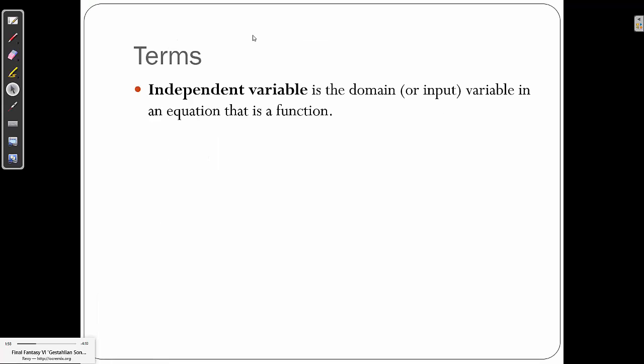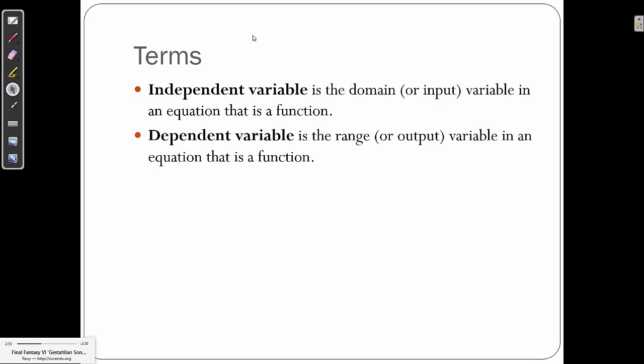We have independent variable. The independent variable is the domain or input variable in an equation that's a function. So these are all 3 names for the same thing: independent variable, domain variable, or input variable. That is usually x. Sometimes we'll use a different variable. In that case, we will definitely indicate what the independent variable is, but it's usually x.